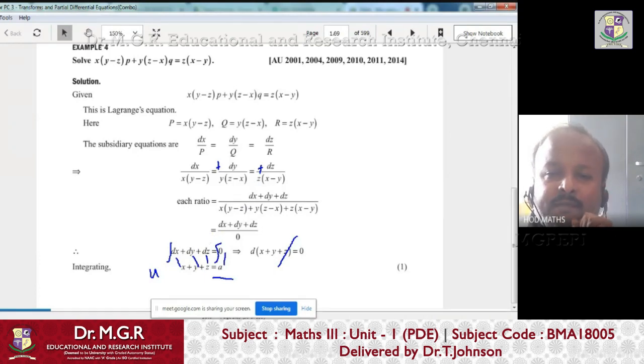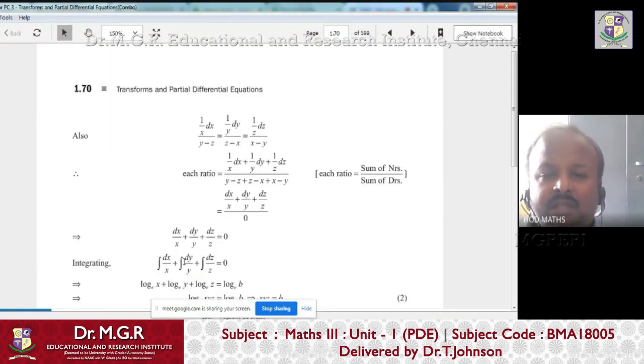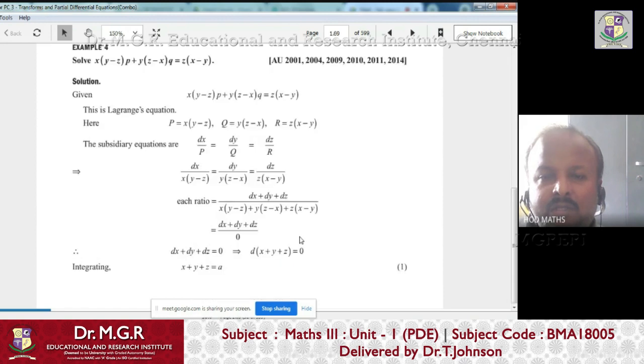Now how to find v? So here all these things only use common sense. Here they use one more simple idea. Not only multiplying with x and y, you just see here minus z is there, here plus z is there, here minus x, here plus x, here minus y, here plus y. Now what are they doing?